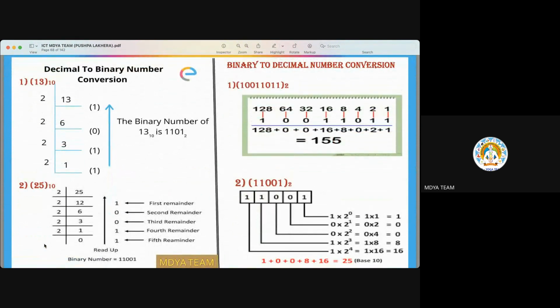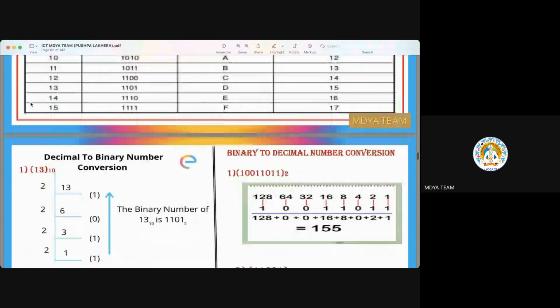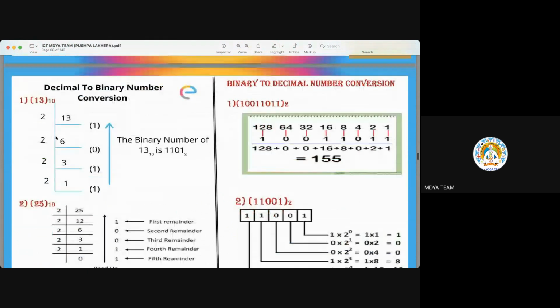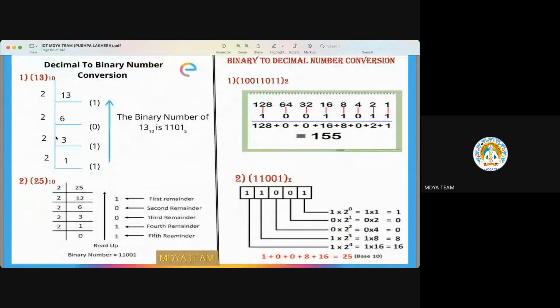Now see the conversion. Suppose we have 13 in decimal, the simple 13. How to convert this decimal number into binary? We have to divide by 2 because the base is 2. In the binary system, the base is 2, only 2 digits, 0 and 1.